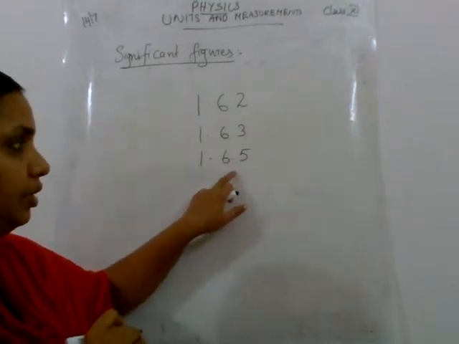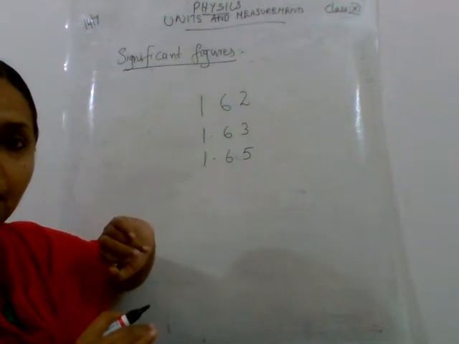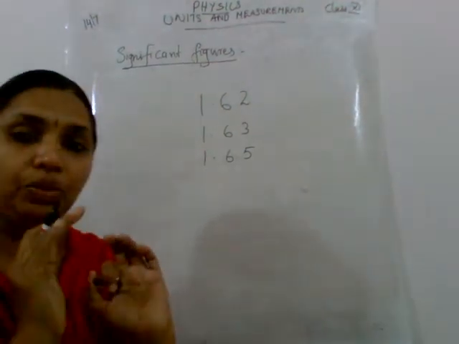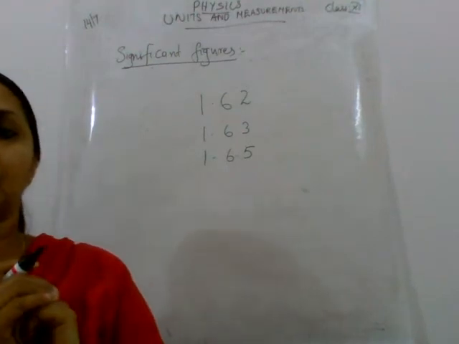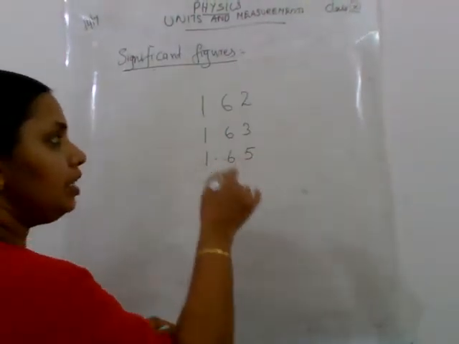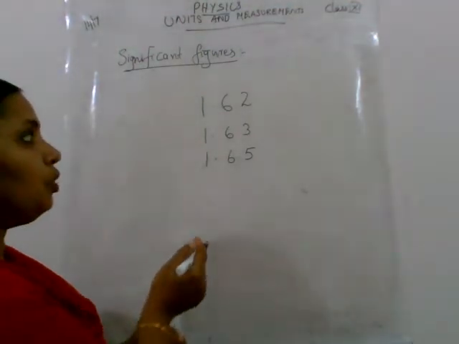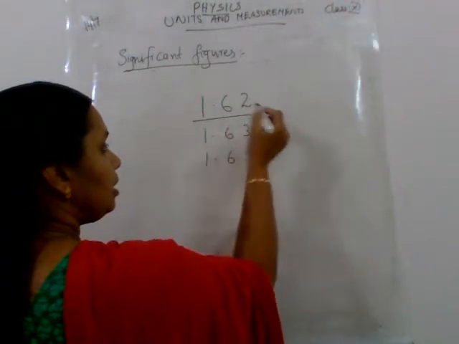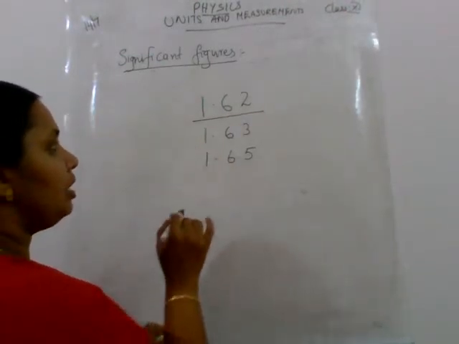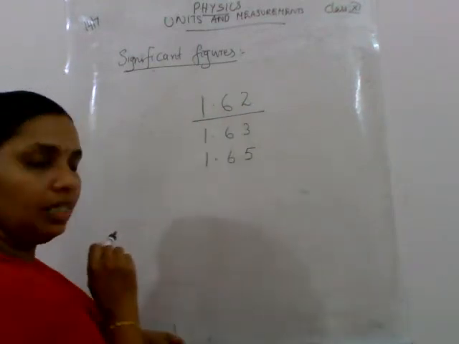Look at the result. You can see that this 1.6 is fixed; there is not much change in that 1.6. So that value is close to the time period of the simple pendulum. And here 2, 3 and 5 are changing, and may change or may not change. So in this physical quantity you can see 3 digits, 3 figures.